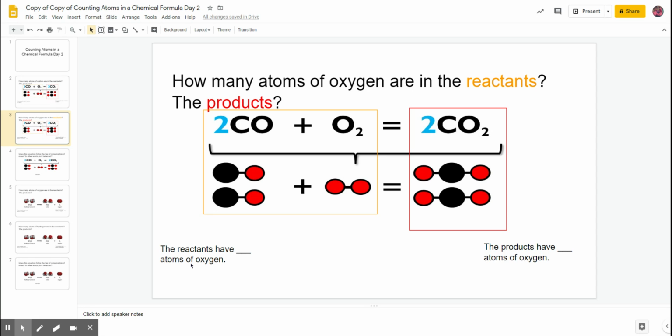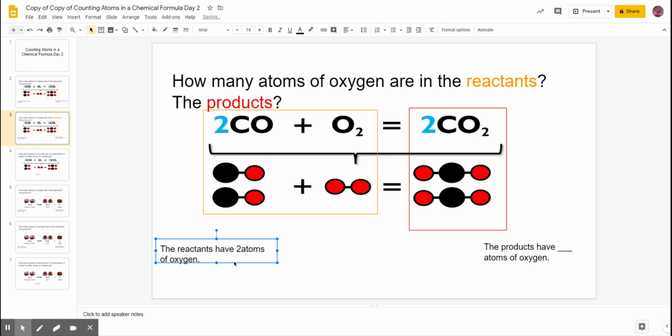So the reactants, the orange box, have blank atoms of oxygen. Well, oxygen's right here. I see oxygen has no coefficient to worry about, only a subscript. Its subscript is 2, so that means that there are 2 atoms of oxygen. Oh, wait, I made a mistake. Cancel that.